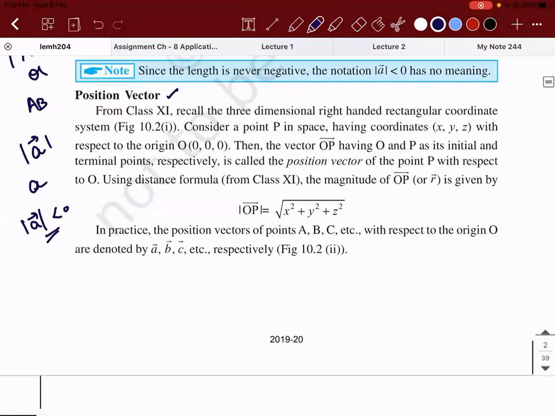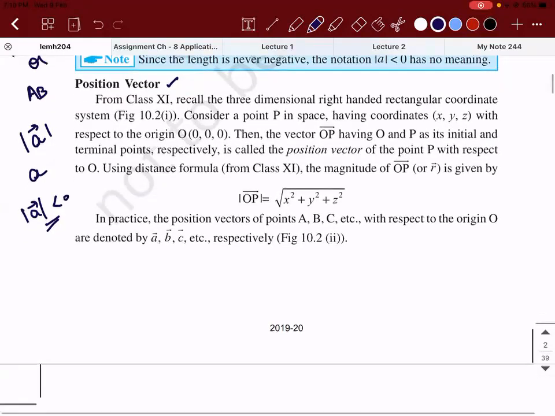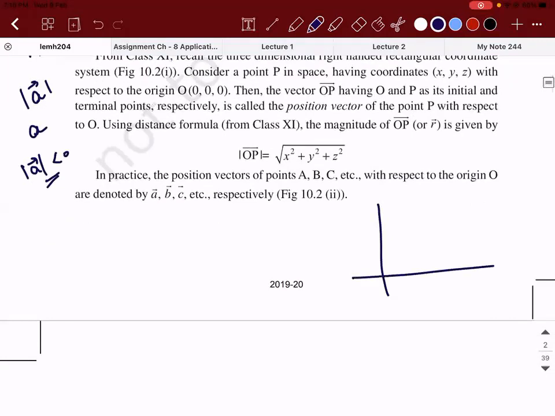So with respect to the origin, let us consider a three-dimensional space, and let's say there is a point P having the coordinates x, y, z. If you draw a vector like this, OP with a bar on top of it is a vector.